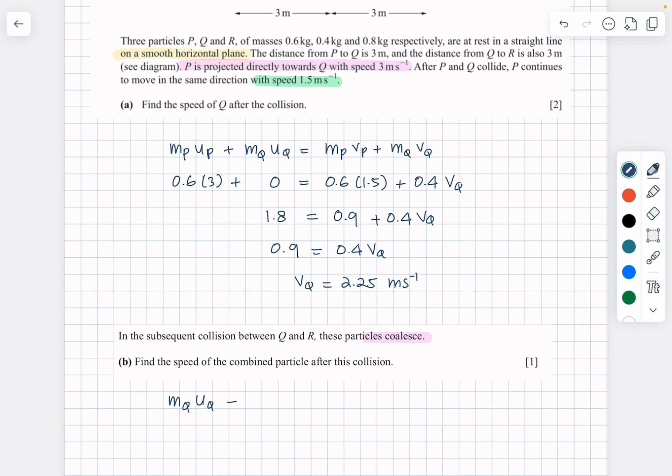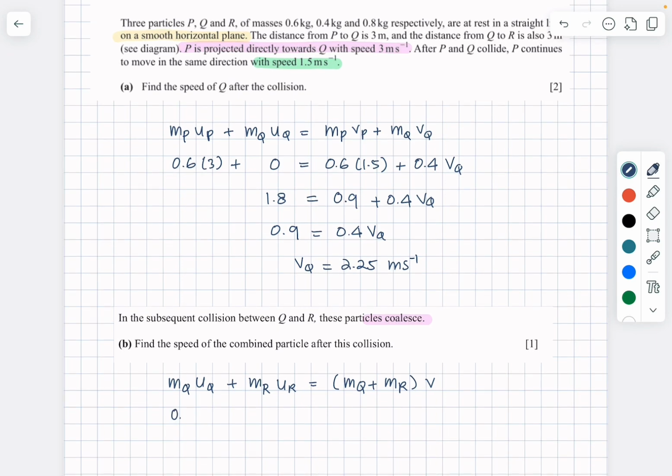Now we use particles Q and R. Since after the collision they coalesce, we can combine the mass of Q and R to find the speed after the collision.